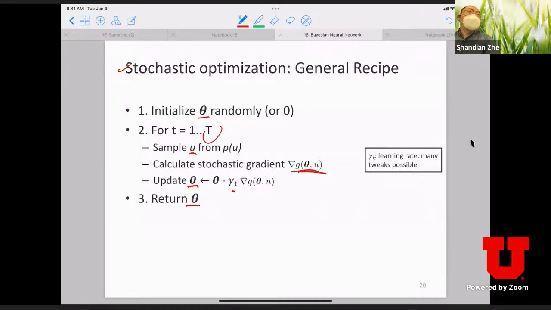I will come to that later. But you're going to use the same framework, except that in stochastic variational inference, the theta is not the theta here. It's actually the mean and the variance in your variational posterior distribution. Any other question?